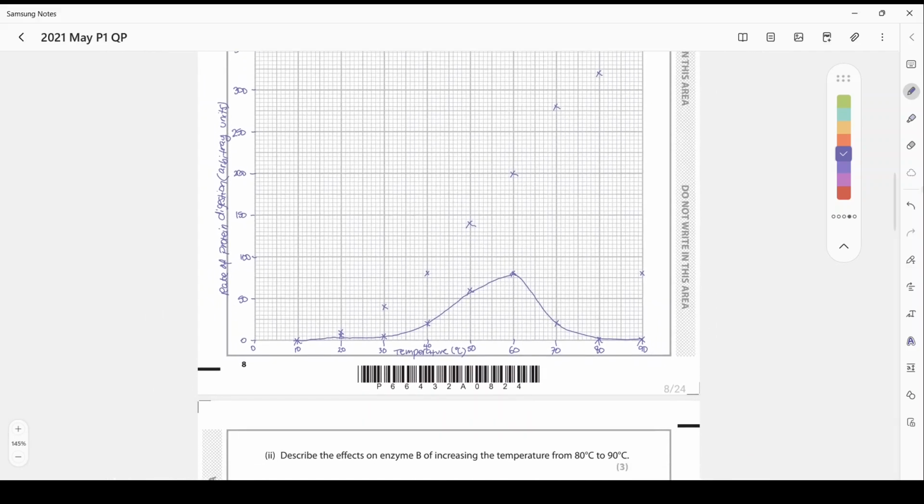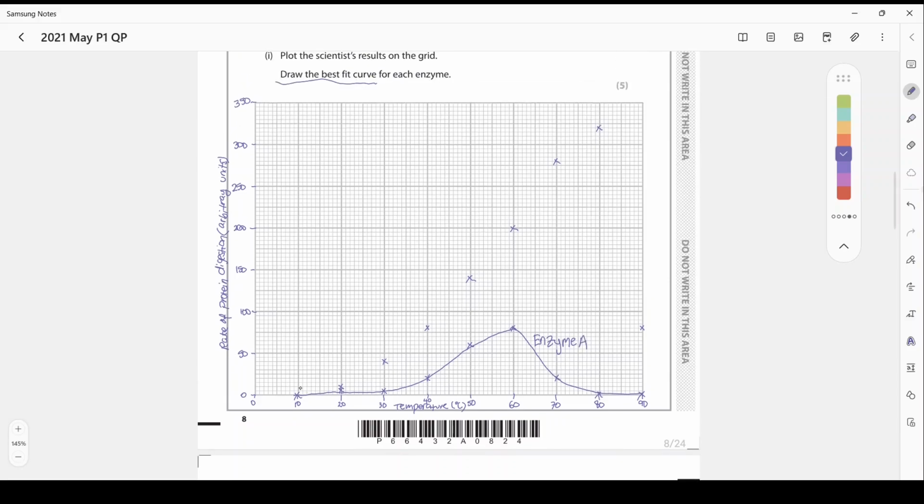So I think it's a good idea to just label enzyme A first. Enzyme A. And then this one, ooh, this is going to be a doozy.